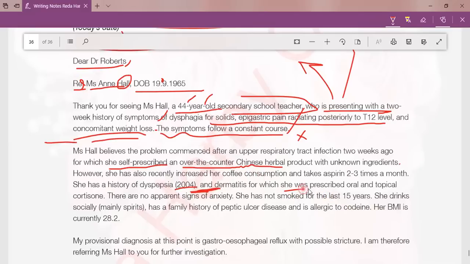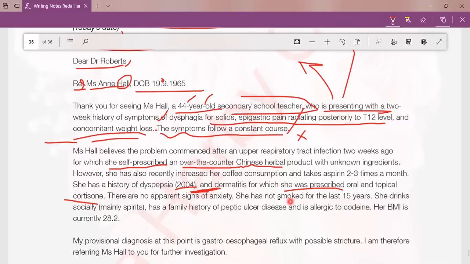This is what we call passive, and this is in the same file, how to be grammatically correct. She was prescribed oral and topical cortisone. We said this is relevant. Full stop. There are no apparent signs of anxiety because of stress, and she has not smoked for the last 15 years.